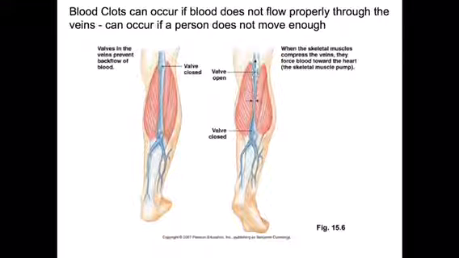That's why it's really important for people to get up and to be moving around and exercising, or at least walking, to help the skeletal muscles compress the veins and move that blood more towards the heart. If we're not doing that, then sometimes it's difficult for that blood to get back to the heart, and it starts pooling up, and that's when you can get blood clots.